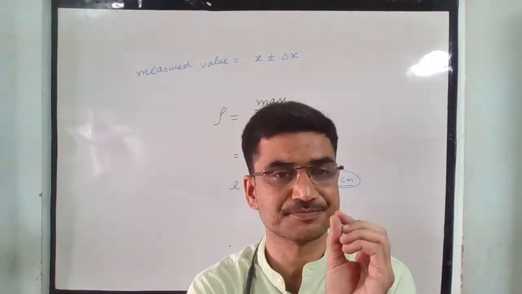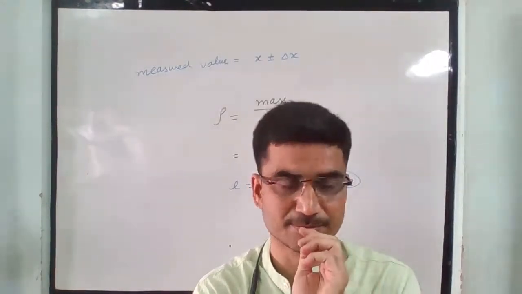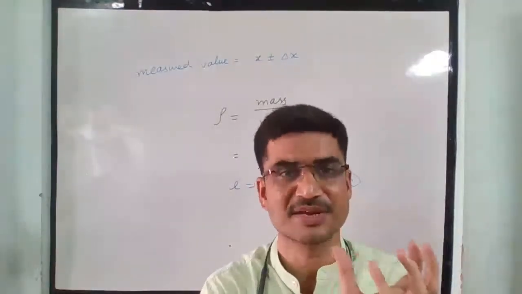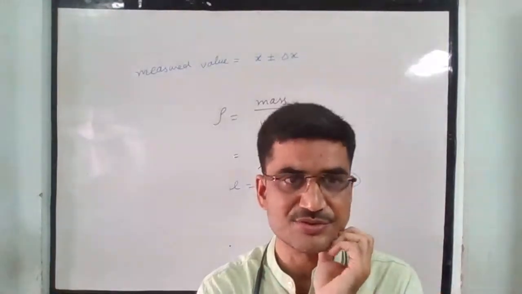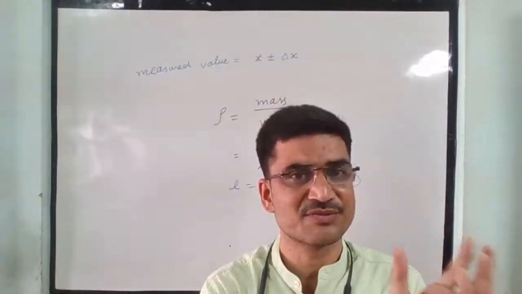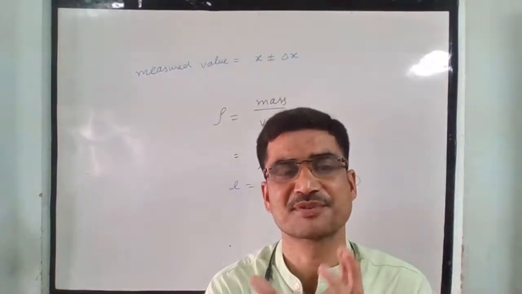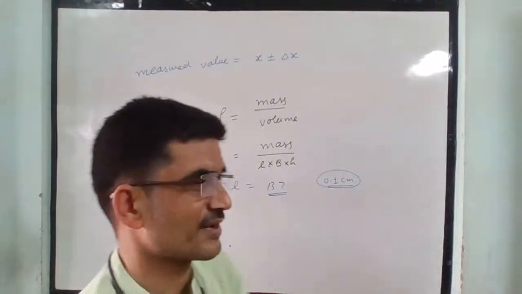That is the absolute error. Sometimes it will be given in the question, sometimes you need to calculate it. So the measured value is what you measure plus minus the absolute error. This is the method of writing.